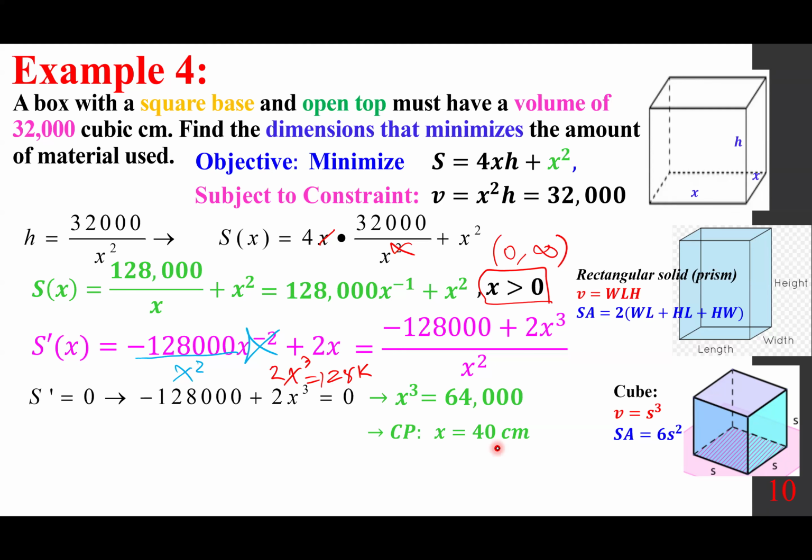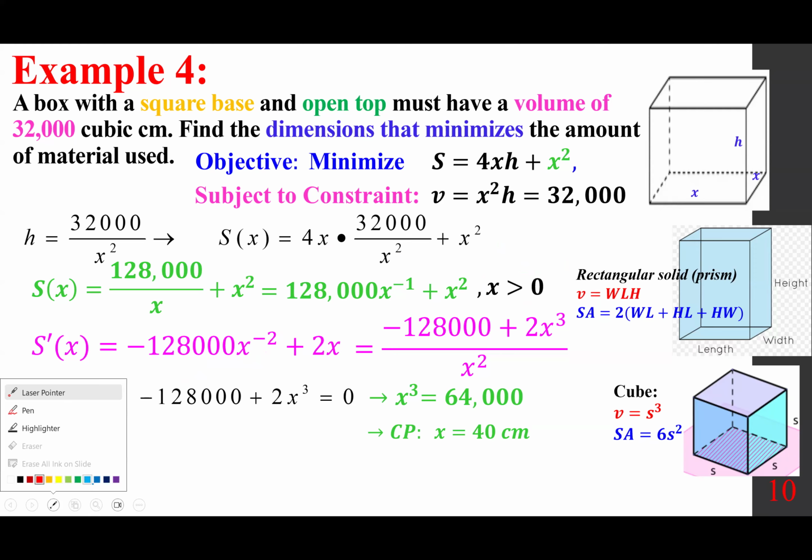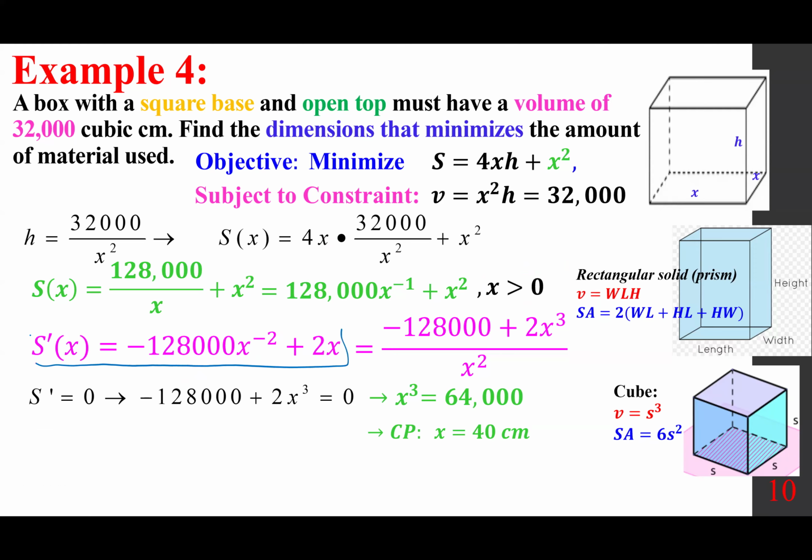I want to go with the second derivative test. To do so, I'm going to differentiate this one. The result is positive 256,000 x to the power of negative 3, plus 2.